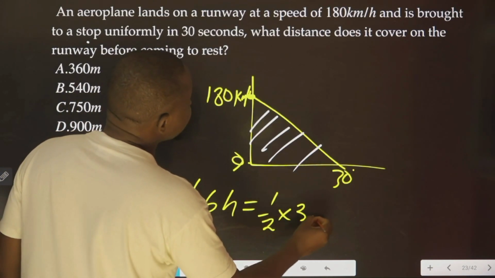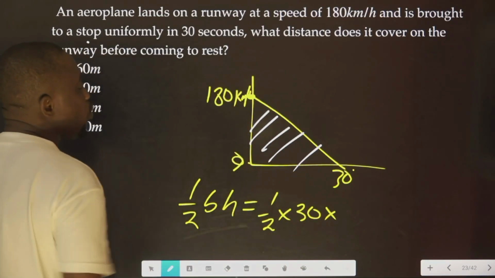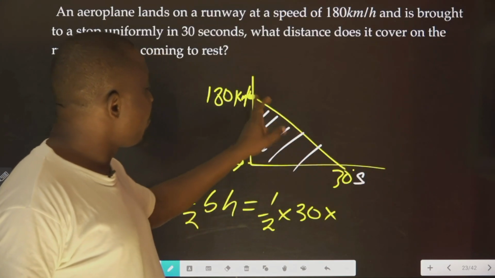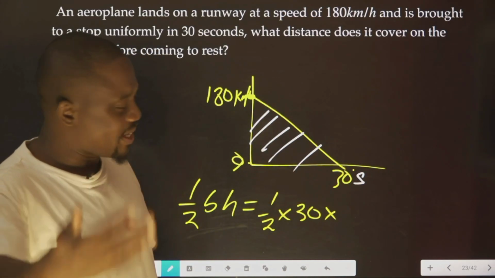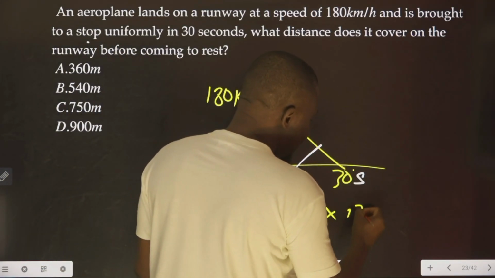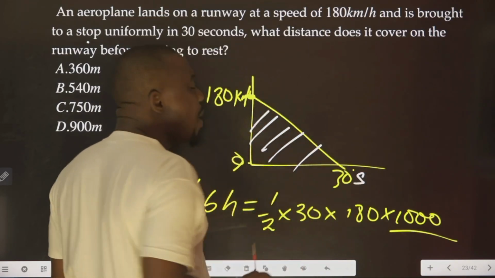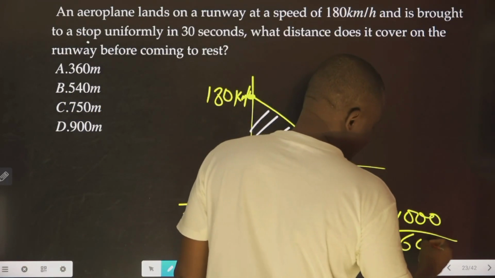The base is 30 seconds. The height is 180 kilometers per hour. Because this is in seconds, we have to convert kilometer per hour to meter per second. So 180, the kilo is 1,000, while hour to second is 60 times 60.